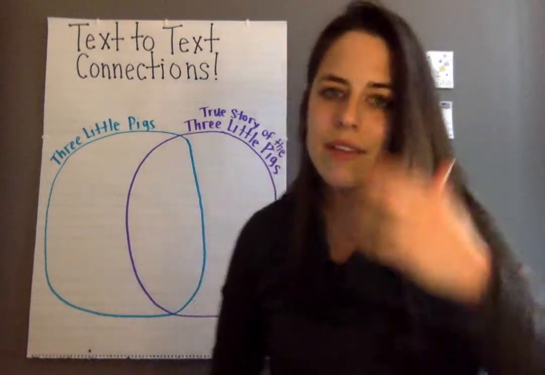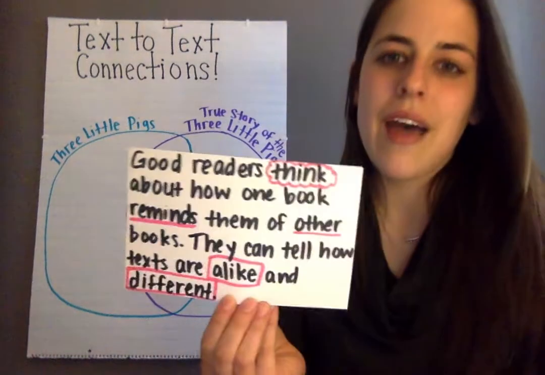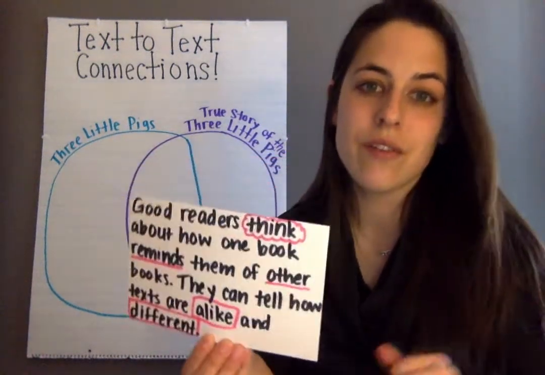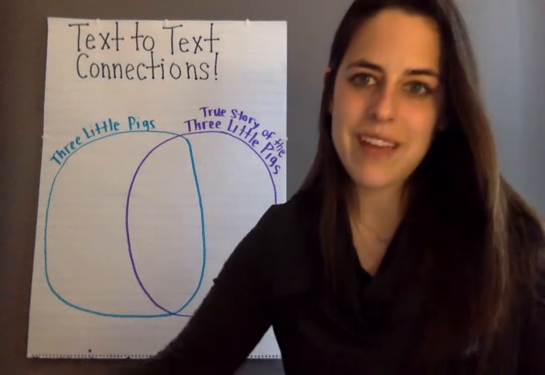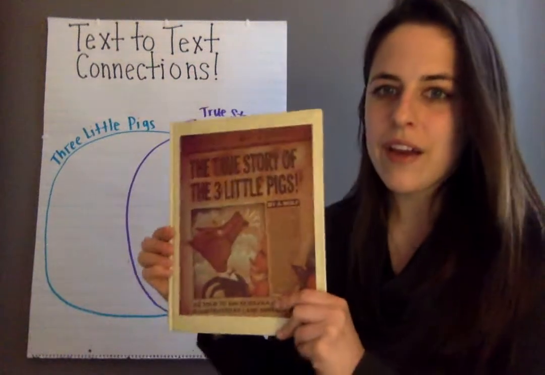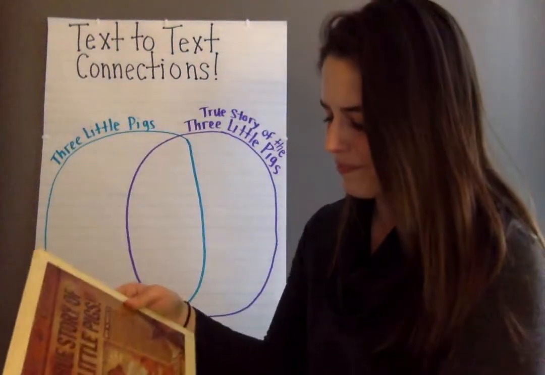So we'll work on that today after I read the story to you. So just keep in mind that we always think about how one book can connect to another one. That's how we make text-to-text connections. Okay, without further ado, here is the true story of The Three Little Pigs.